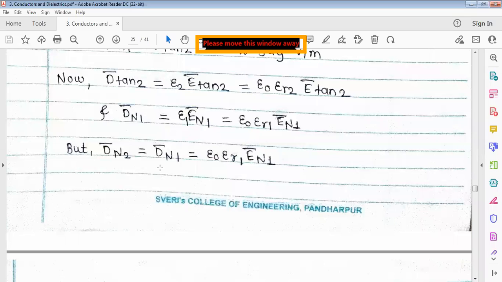So we can find the relation, D bar n2 is equal to D bar n1, which is equal to epsilon 0 epsilon r1 into E bar n1.